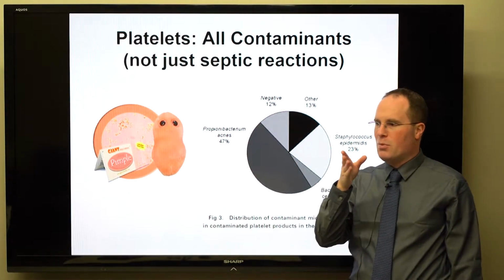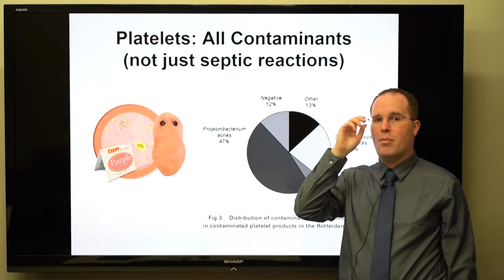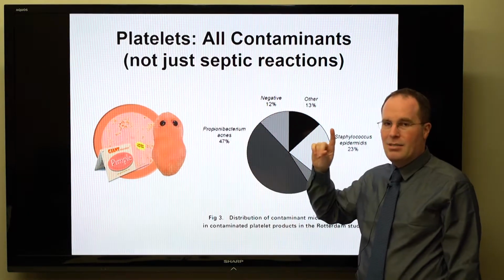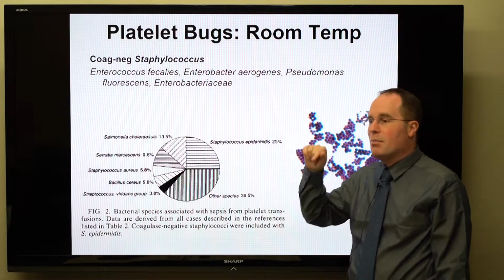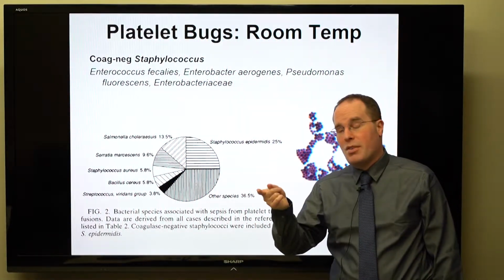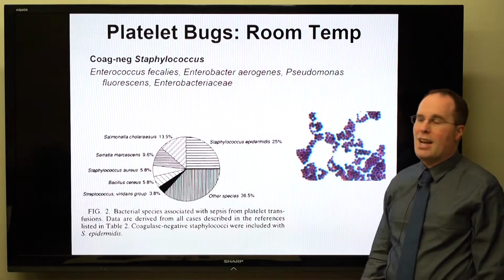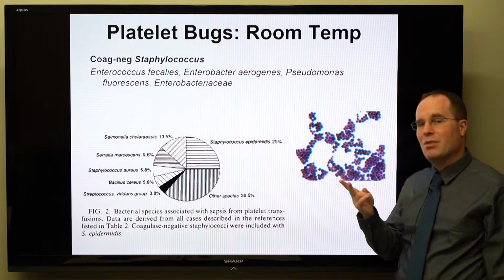If somebody pimps you with what's the most common bug overall isolated from platelets during storage, it's P. acnes, the zit bug. If, however, they ask what's the most common bug implicated in septic transfusion reactions from a platelet transfusion, that's coag-negative staph, most commonly staph epidermidis. Okay, so two slightly different questions.